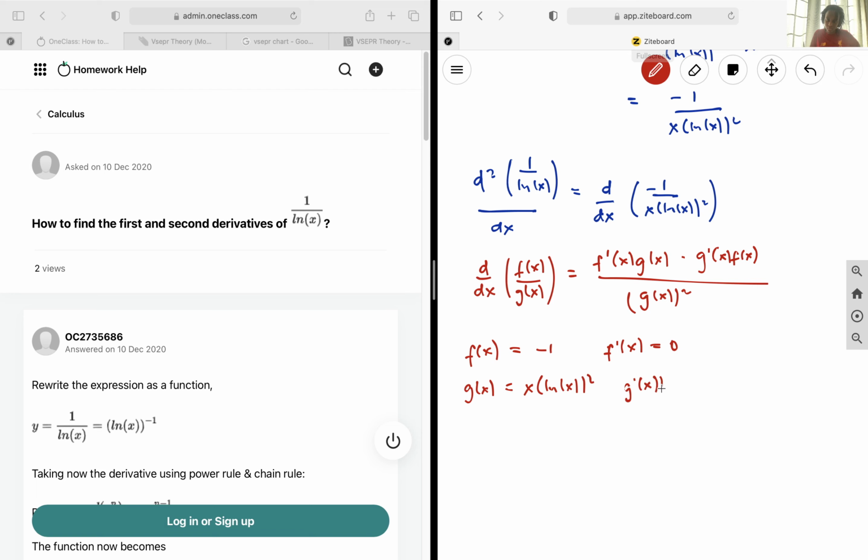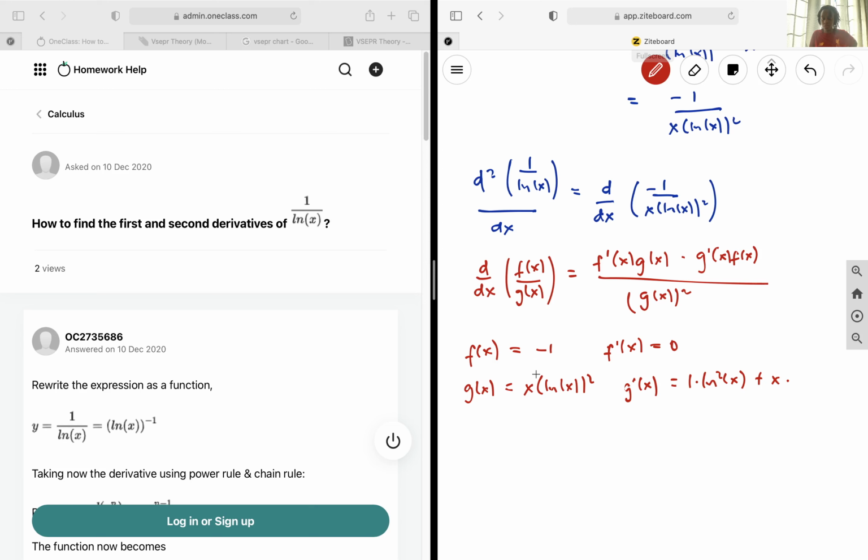For the derivative, we're going to use the product rule. g prime of x is equal to d over dx of x, so that is going to give us 1 multiplied by ln squared x, plus the derivative of this multiplied by x. So x multiplied by the derivative of ln x squared.